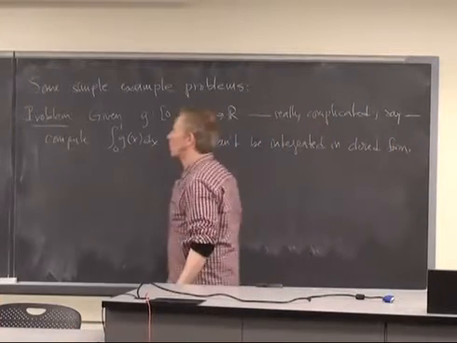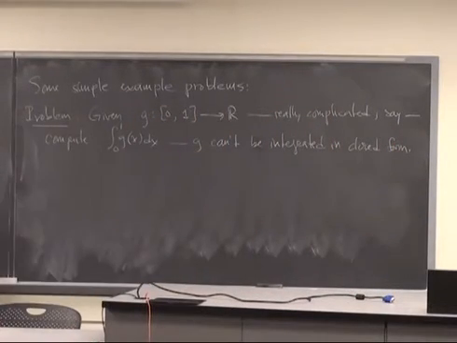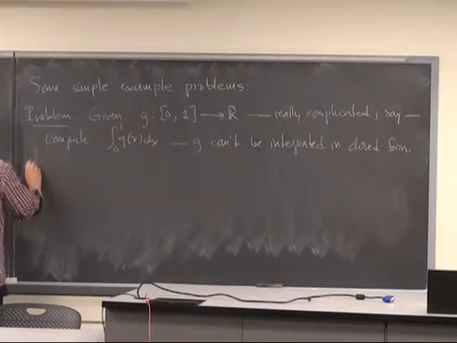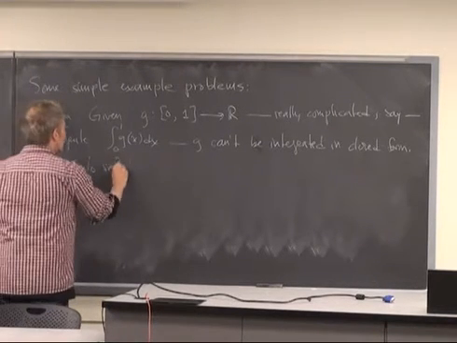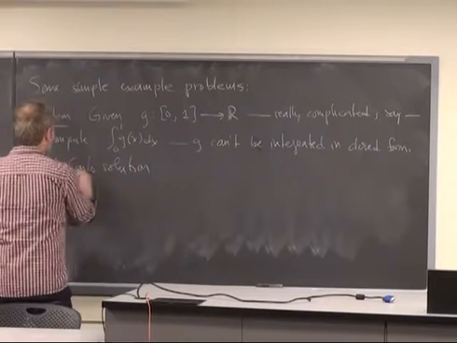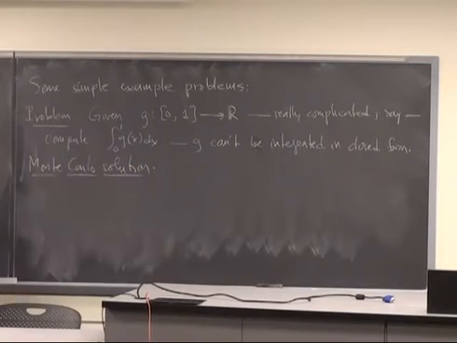Okay, so what's the Monte Carlo solution to this problem? The Monte Carlo solution is the following. You use a computer, or whatever, to generate a sequence of numbers between 0 and 1 chosen with respect to the uniform distribution independently of each other.